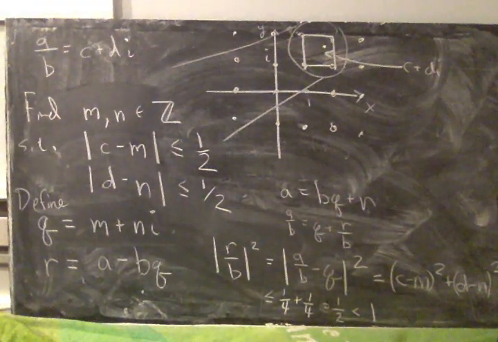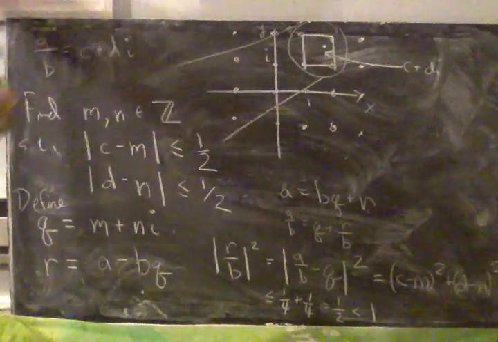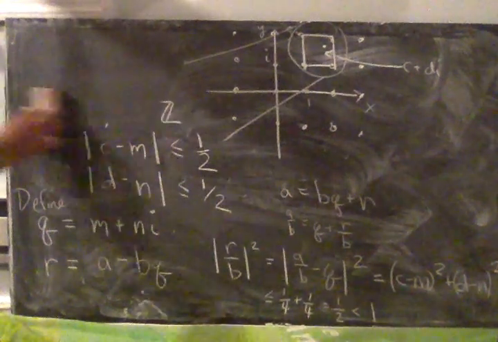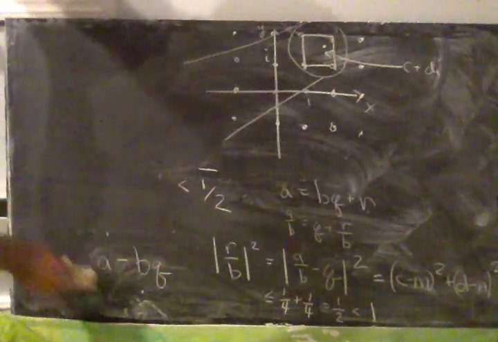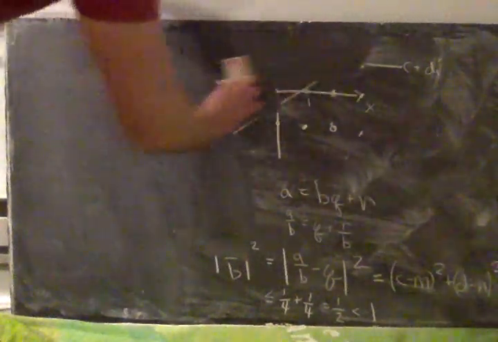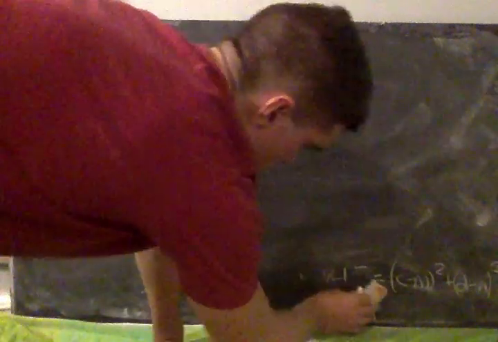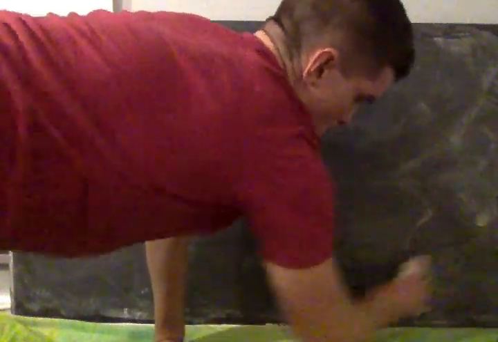So that's how you define Q, and then you define R so as to make this equation true. So that says that the Gaussian integers are an integral domain. And you'll see a couple other examples when you do the homework. So there's examples that are kind of similar to the Gaussian integers.